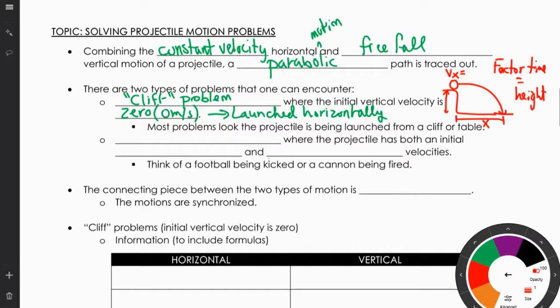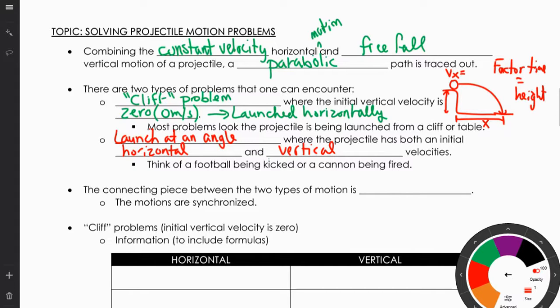Now, the second type of question is when we launch it at an angle, where the projectile has both initial horizontal and vertical velocities. We'll get into solving these in the next video, but we're going to mention it here.